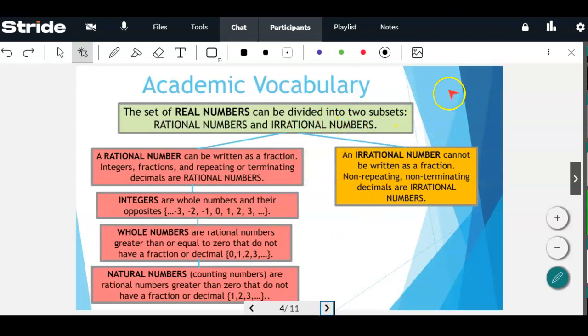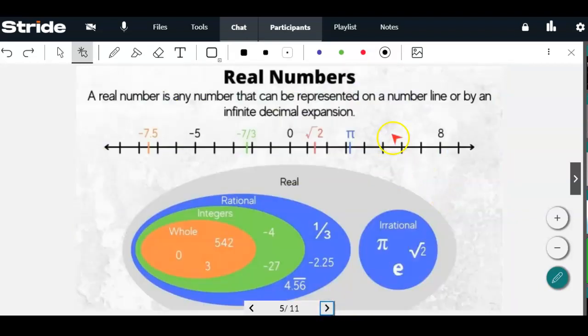All right, so we went over this in a previous lesson. You can pause it, take a screenshot if you need to review it. Let's go ahead and move on. So real numbers can be represented on a number line. Negative 7.5 is a rational number because it's a terminating decimal. Negative 5 is an integer, so that's also rational.